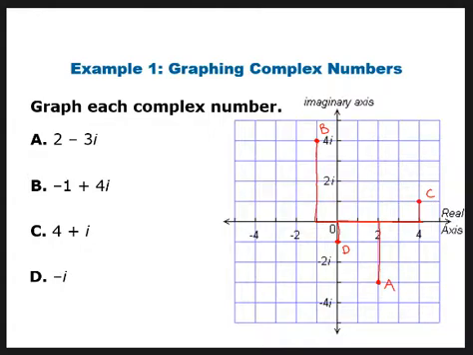All right, now that we have that done, this leads me to my next point where we're going to talk about absolute value. In some cases, we still want to figure out how far a particular point is from the origin, or from 0. If I look at c over here, the actual distance it would be from 0 is represented by that dotted line. Same thing with b. You'll notice these start to look like triangles, right?